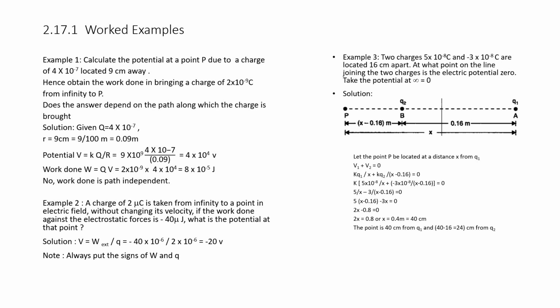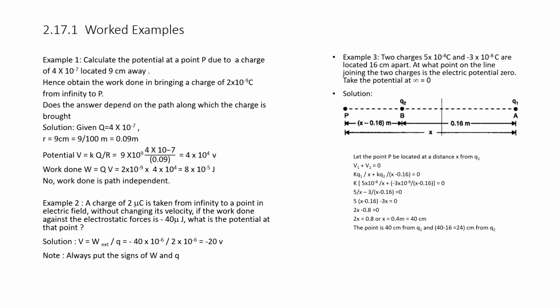V1 is given by KQ1 divided by x, plus V2 is given by KQ2 divided by x minus 0.16. We have to find x at a point where potential is 0. So we assume V1 plus V2 equals 0. This is given and we have to find out x.